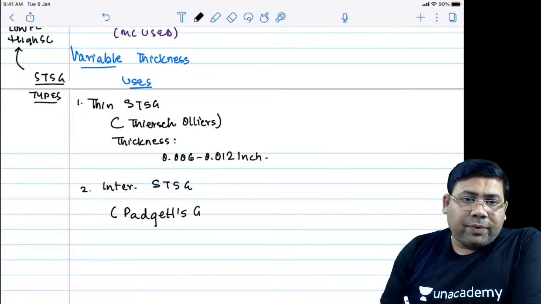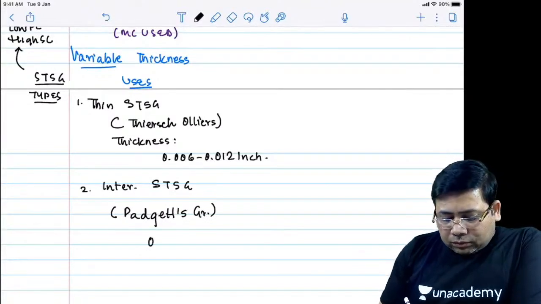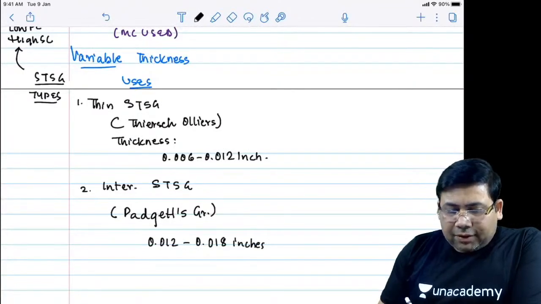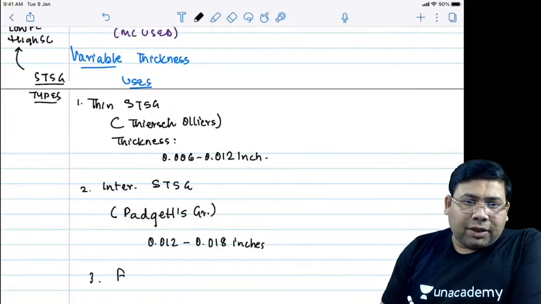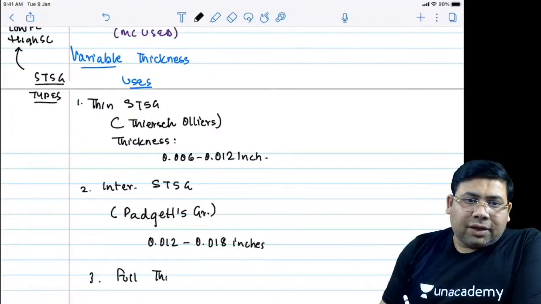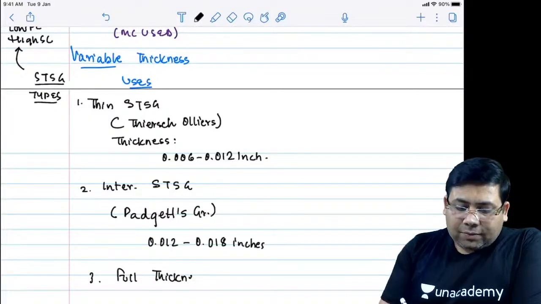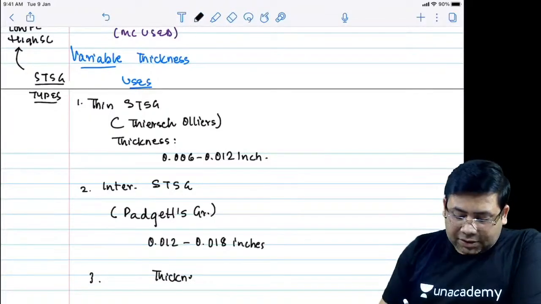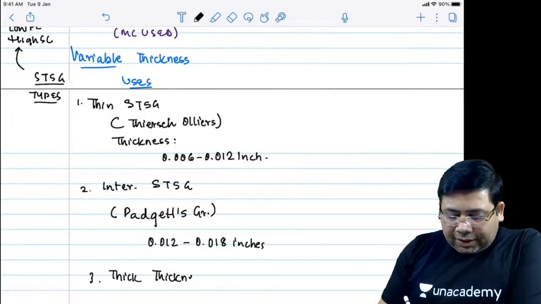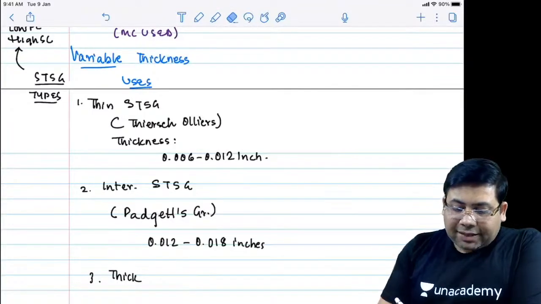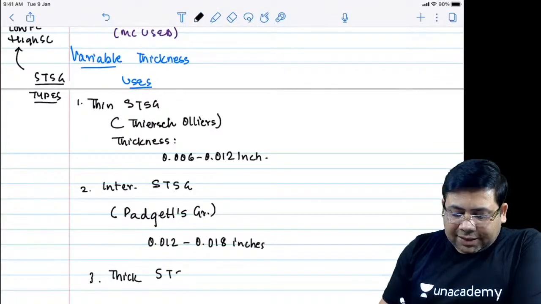It is 0.012 to 0.018 inches. And then the third is thick STSG. Full thickness. I'm saying thick STSG, better known as thick STSG.